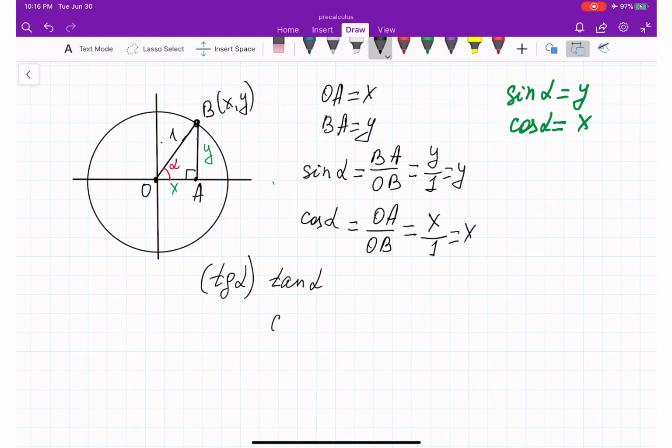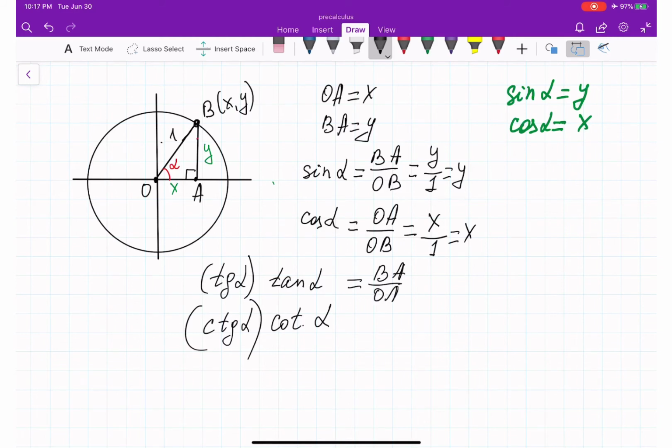And cotangent alpha is equal opposite side, which is going to be BA, over adjacent side OA.